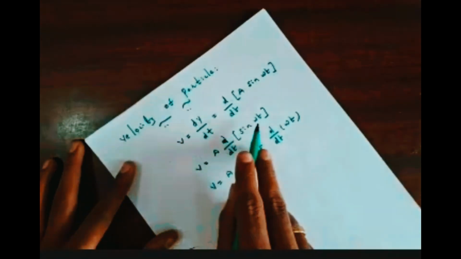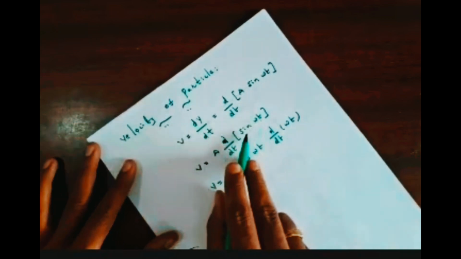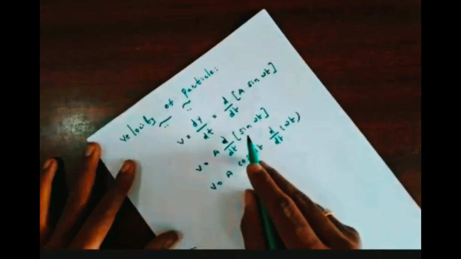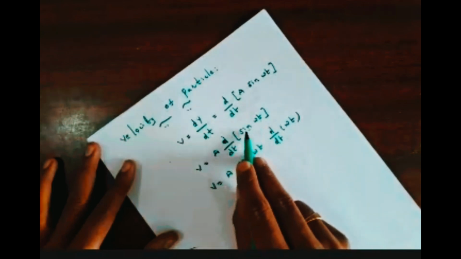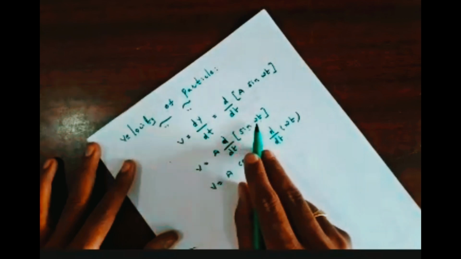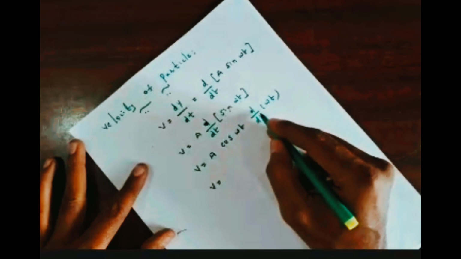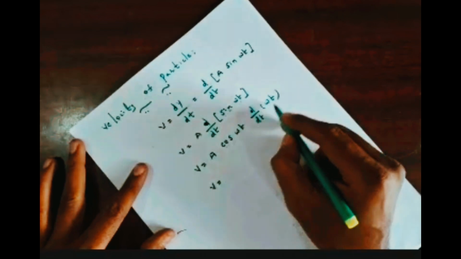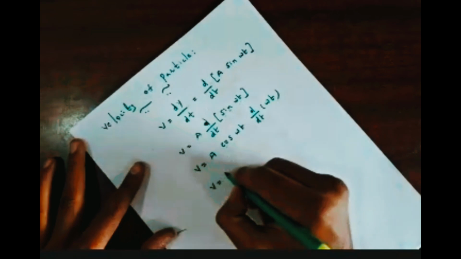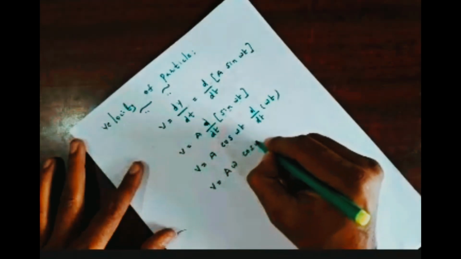Why? Because in omega t we have time as a function. At first we differentiate the trigonometric function, after that we differentiate the value inside it, omega t. Omega is taken out as a constant, d by dt of t is equal to 1. So that omega I am combining with a: a omega cos omega t.